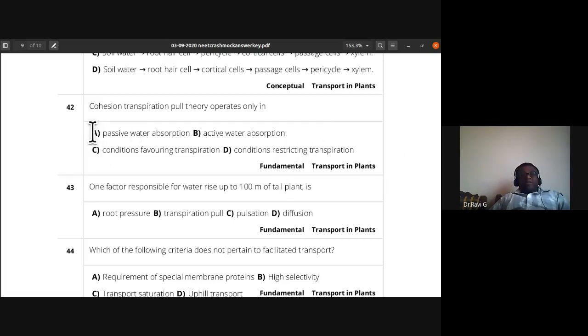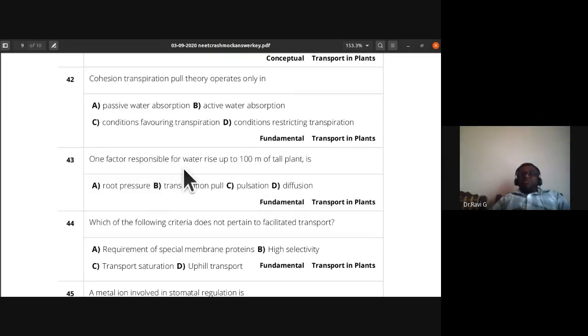See, this operates only in passive water absorption. So for the 42nd, the answer is A. Cohesion transpiration pull theory operates only in passive water absorption.